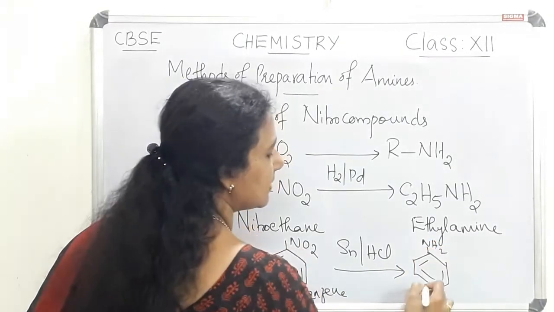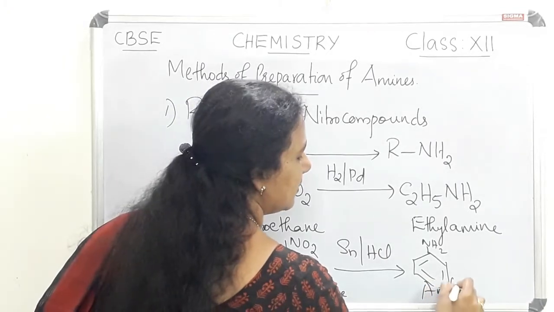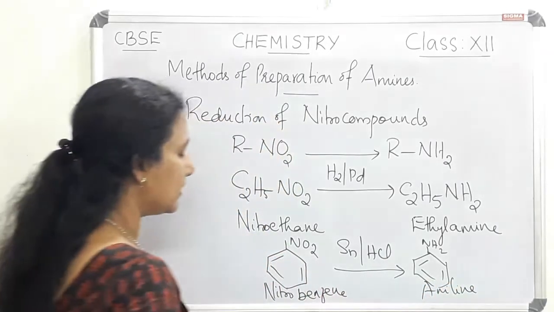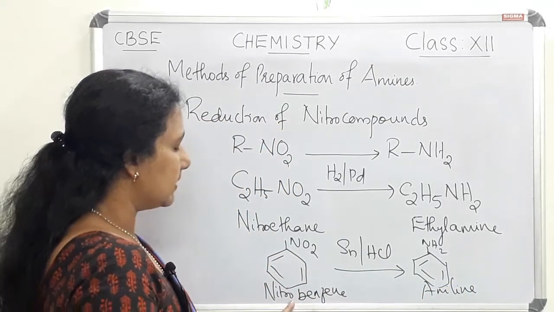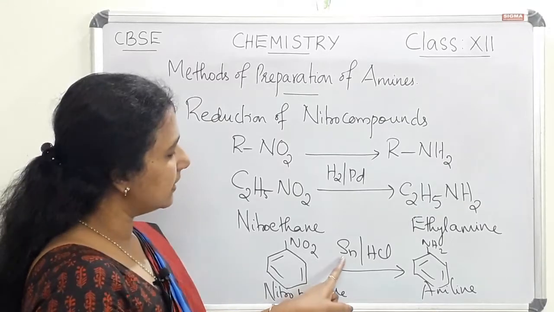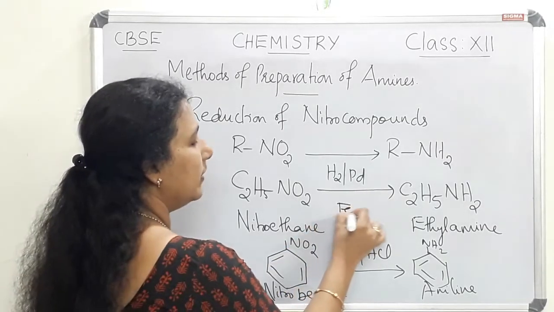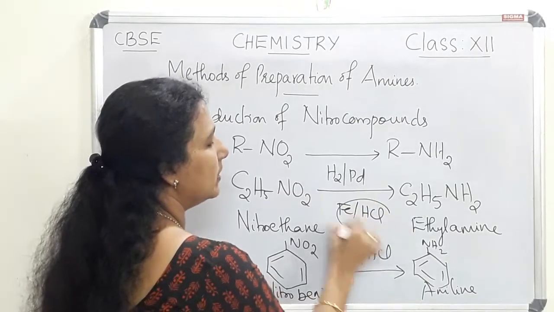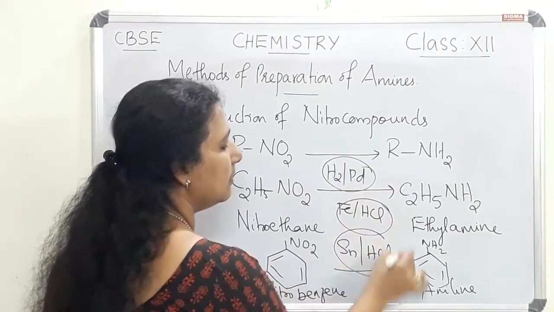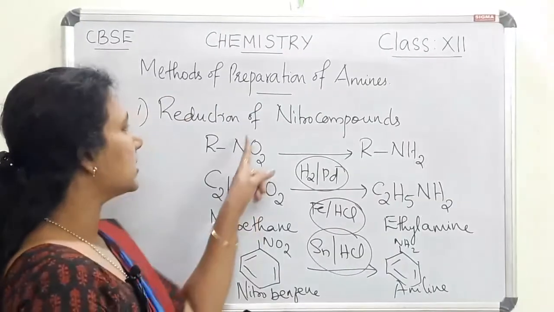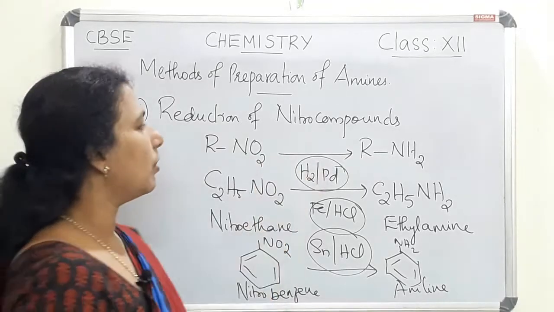So this is known as aniline. So aniline is produced in this case since nitrobenzene is taken. So in this case Sn/HCl, H2/Pd, or we can use Fe/HCl. So any of these reducing agents can be used for the reduction reaction of nitro compounds.